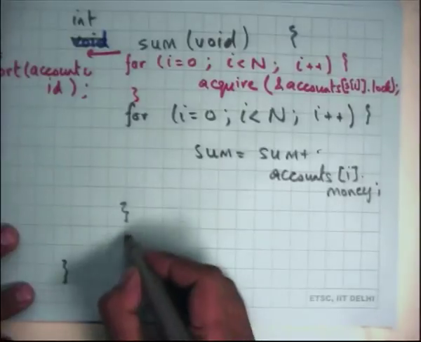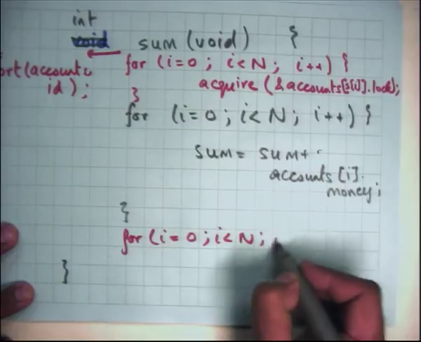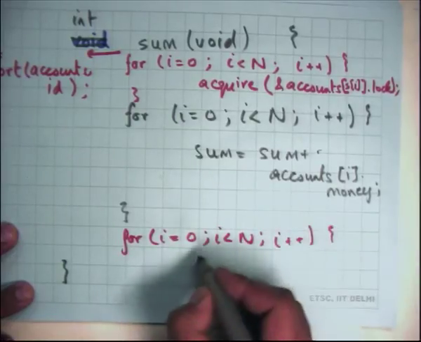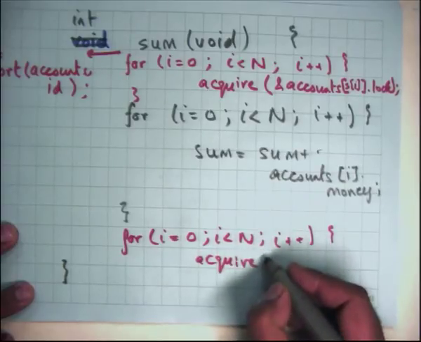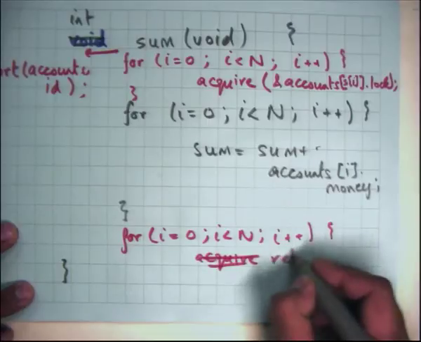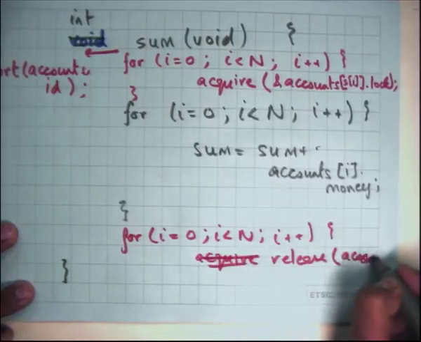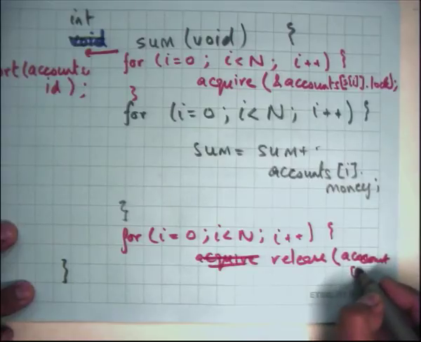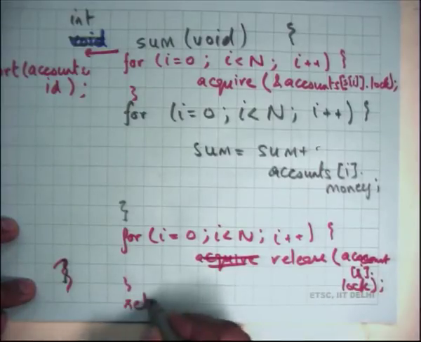And similarly, you're going to just release it here. But if we are sorting, then we can acquire and release on demand now, because we will be acquiring in the same order. Release. All right. Here you don't care about the order, right? And return sum.